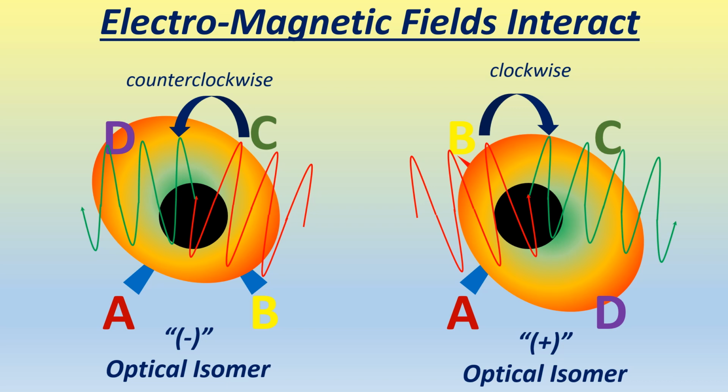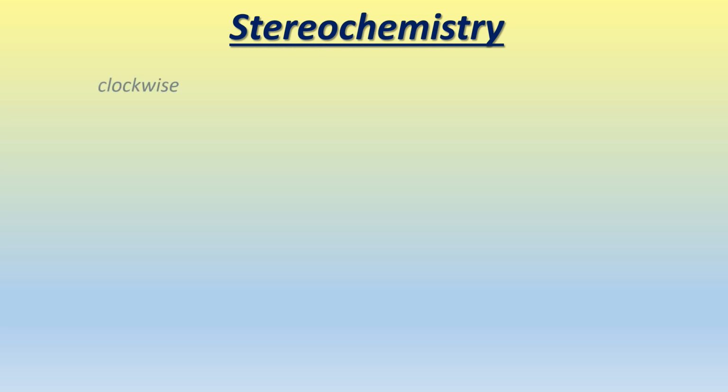The discovery of these isomers is the basis of stereochemistry. They're also important in biomolecules. For instance, if I have a clockwise chiral center and a counterclockwise chiral center, I can add them in series.